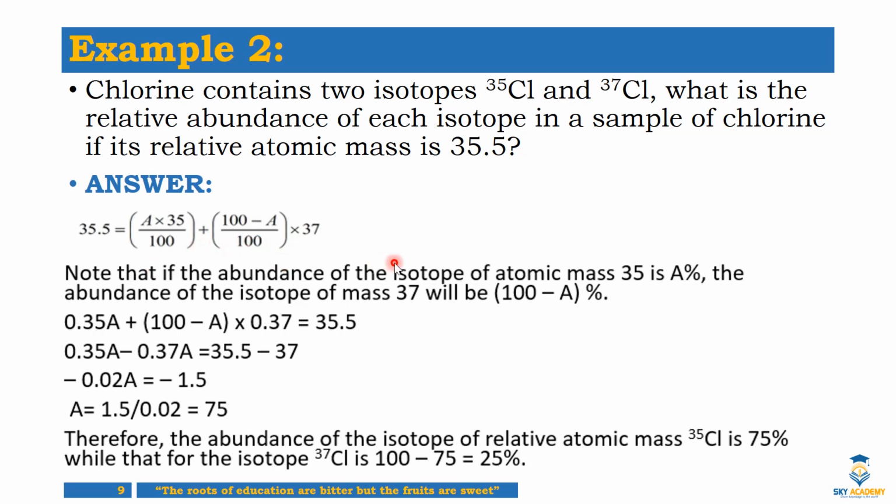That is the formula. Also, we have to know that when we add together the abundances, they have to give you 100. Yes, when you add together the abundances, you get 100.